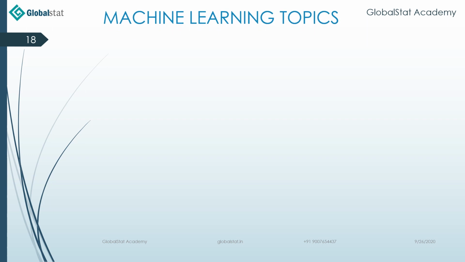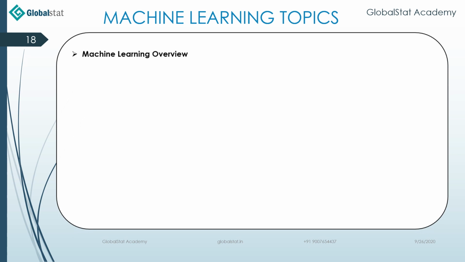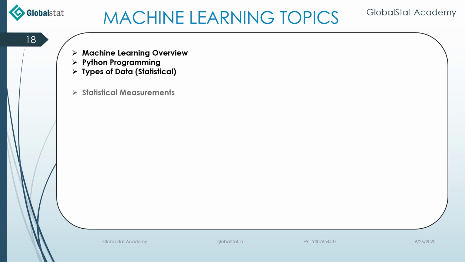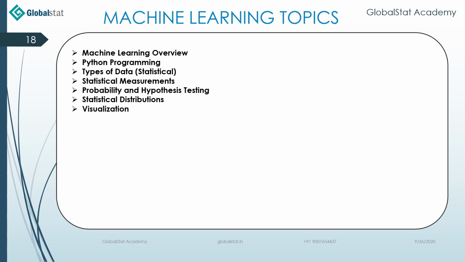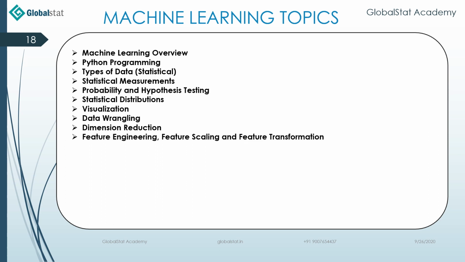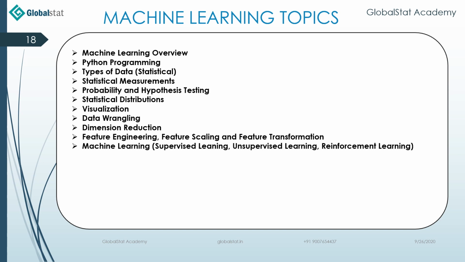We'll be talking about the machine learning topics we'll be covering in our course. We'll give a machine learning overview. We'll include Python programming, types of data, statistical measurements, probability and hypothesis testing, statistical distributions, visualization, data wrangling, dimension reduction, feature engineering, feature scaling, and feature transformation, machine learning, supervised, unsupervised, and reinforcement learning, regression.